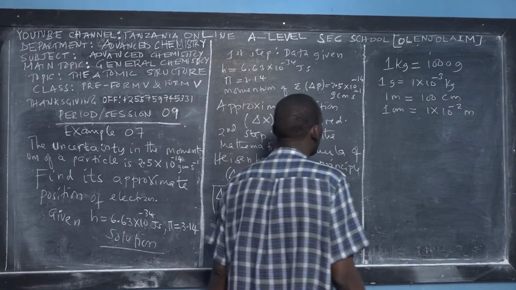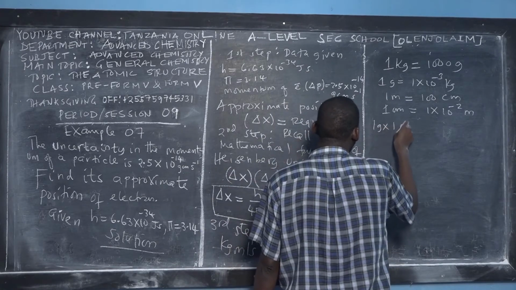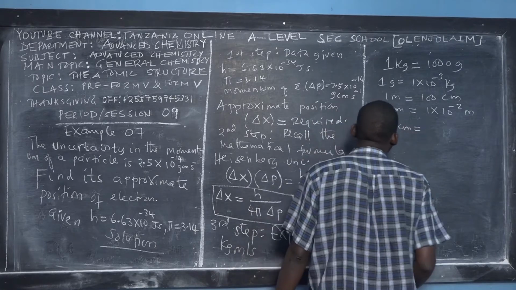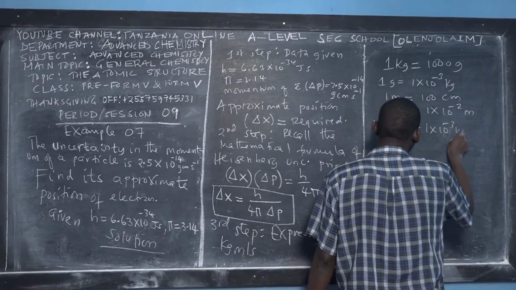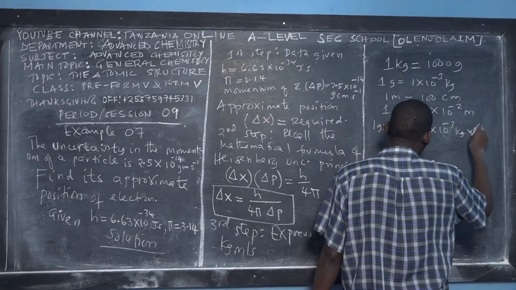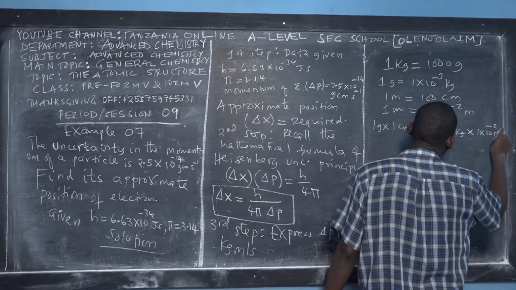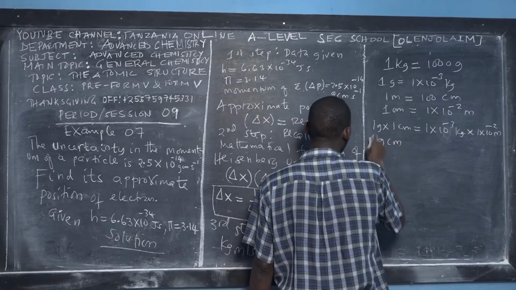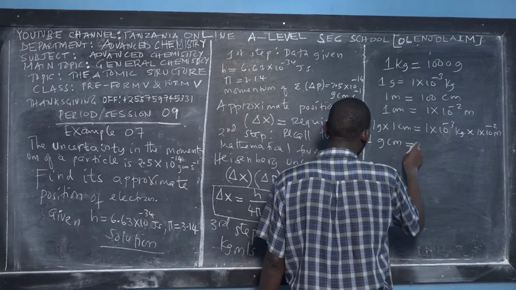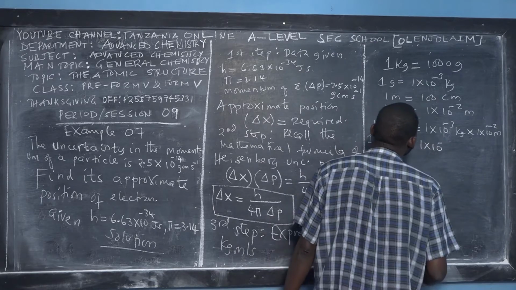So in case that we have a product of 1 gram and 1 centimeter, this will make it 1 exponent negative 3 kilogram multiplied by 1 exponent negative 2 meter. So it means that 1 gram centimeter will be equal to 1 exponent negative what?